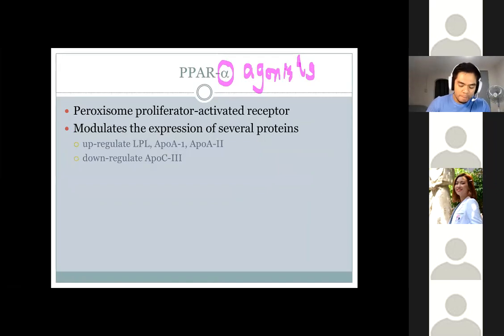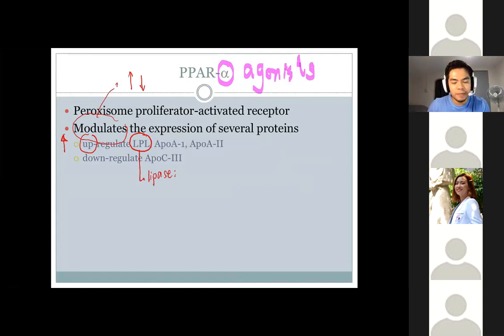So there could be modulation in the expression of several proteins. Modulation, it can either enhance o kaya reduce the regulation. Okay? So unahin natin dun sa upregulation, ine-enhance. Because of activating PPAR alpha, these agents can enhance LPL expression. When we say LPL, ito yung lipase kanina. Okay? Ito yung lipoprotein lipase.